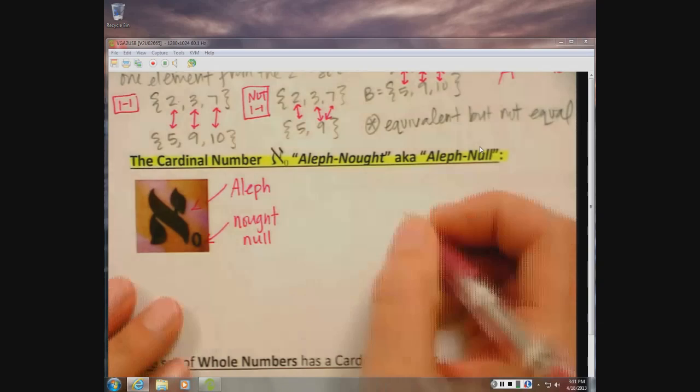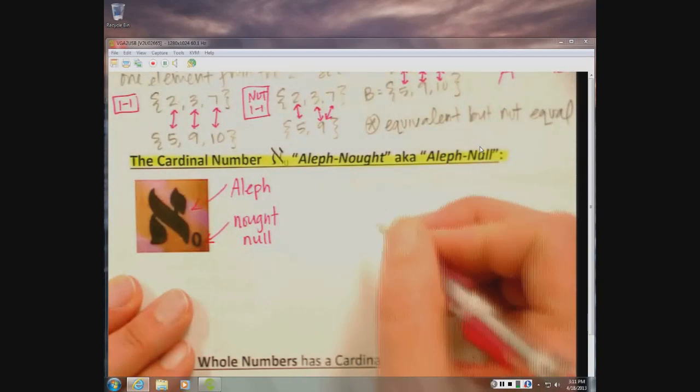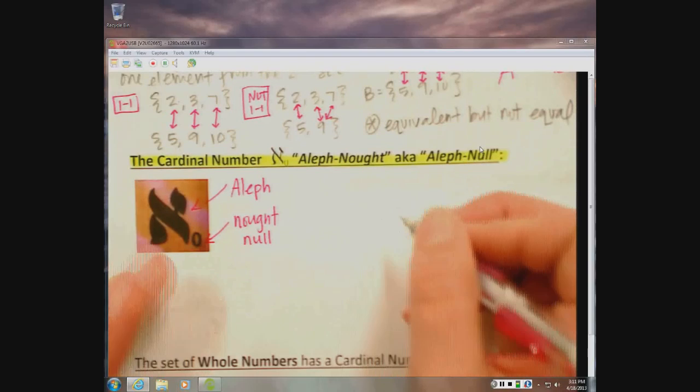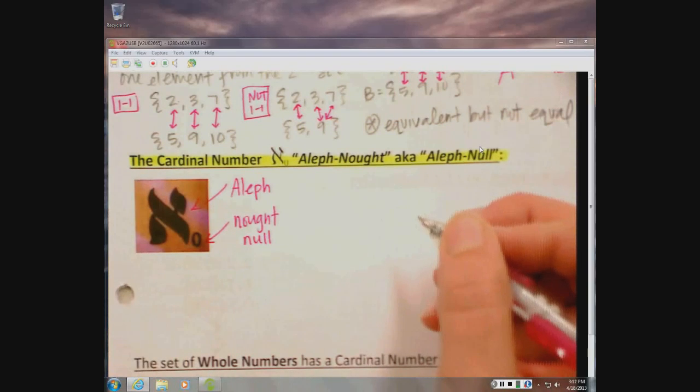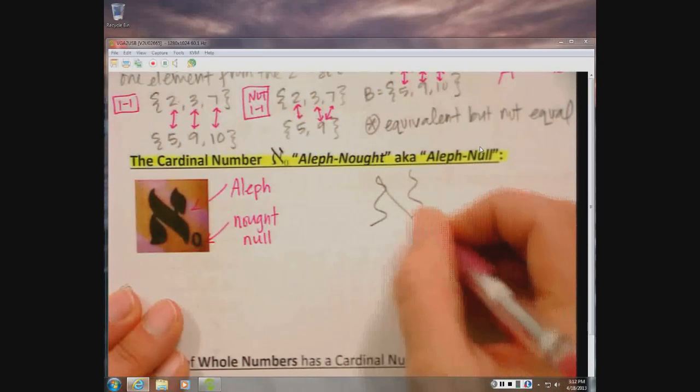And basically, aleph naught is the smallest cardinal number. Now, I'm going to write this as a squiggly capital N. That's what it's going to look like when I do it. Other people do different things. I'm going to do something along those lines.